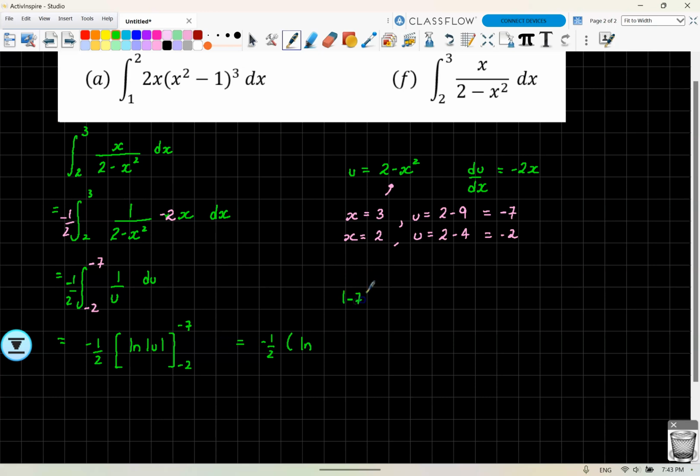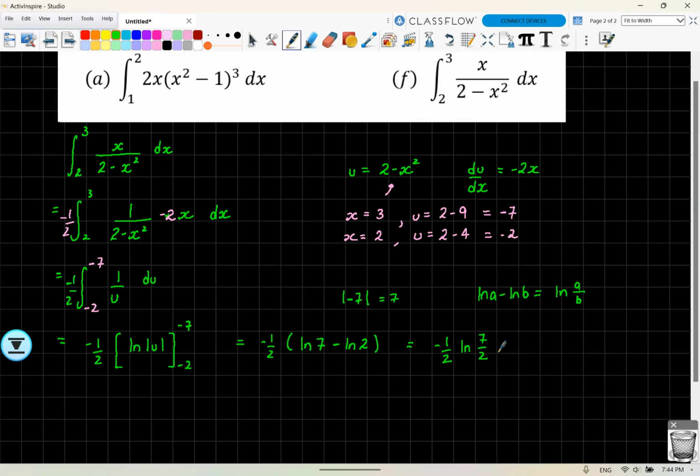The modulus of minus 7 is just 7, so it's ln 7 minus ln modulus of minus 2, which is 2. Using our logarithm laws, ln a minus ln b, we can simplify this to be ln a over b, so we end up with ln of 7 over 2.